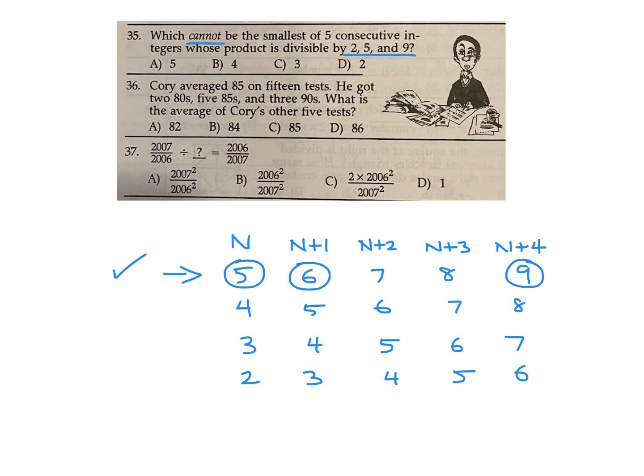Let's see the next one. 2, 5, 9, right? So this is divisible by 2. This is divisible by 5. Can we get a 9 out of here? There's no 9, but can we get 3 times 3? And I don't think so. So this one fails. And then these ones obviously would pass. So 4 cannot be the smallest. So number 35 is B.